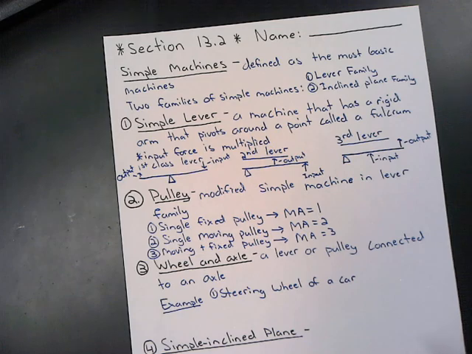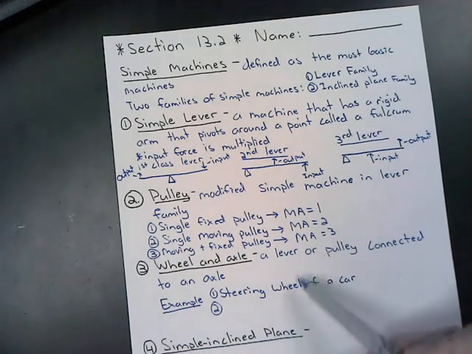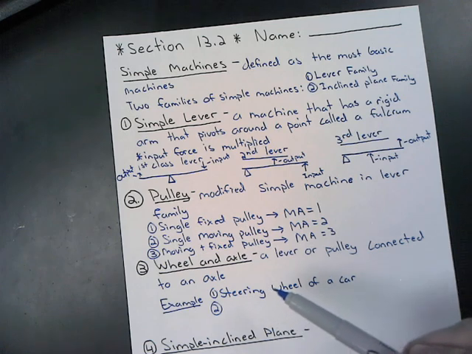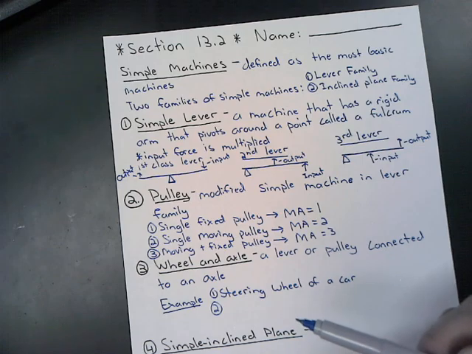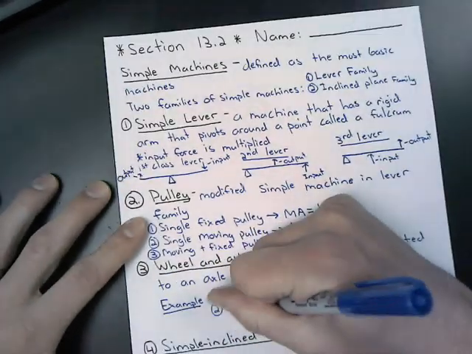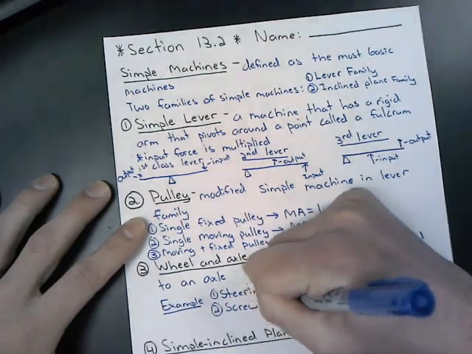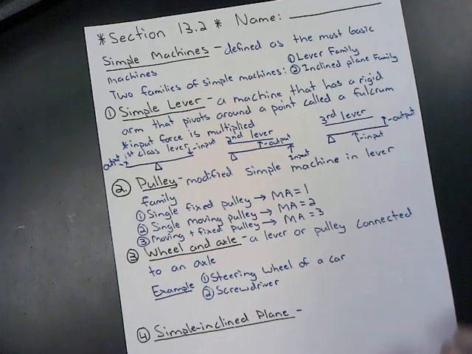Another example of this is a screwdriver. Kind of hard to think about this, but a screwdriver, again, it has a lever, that rigid arm, and as you twist it, as you rotate it, it allows that force to be exerted on that particular screw. So we get the screwdriver as our second example. Another good example here, well, I'll save that example, but we'll talk about it here in class.